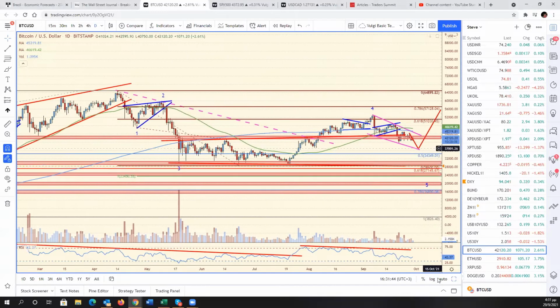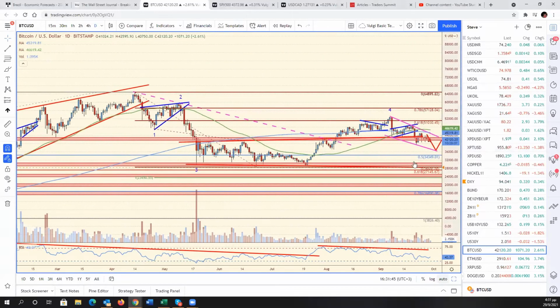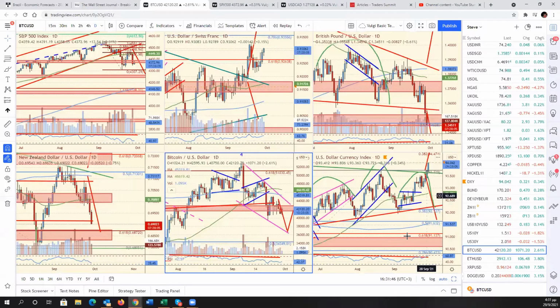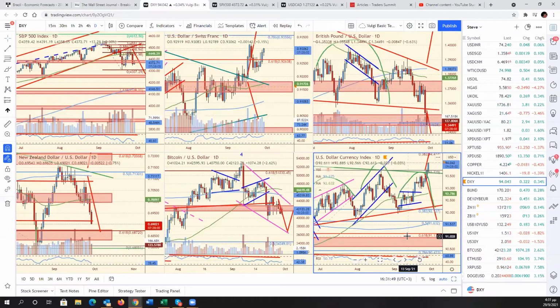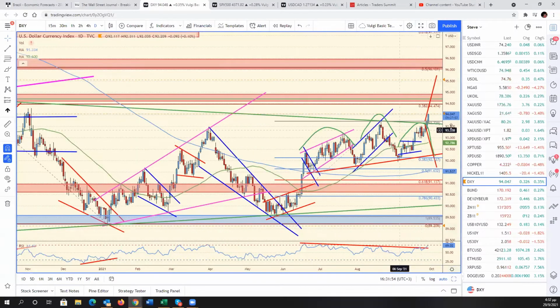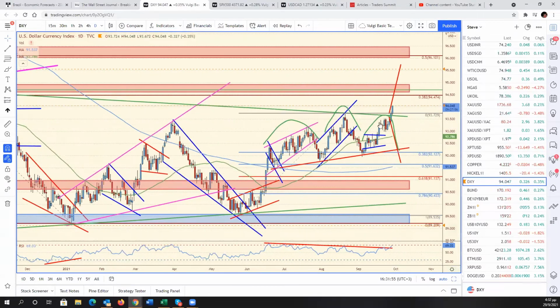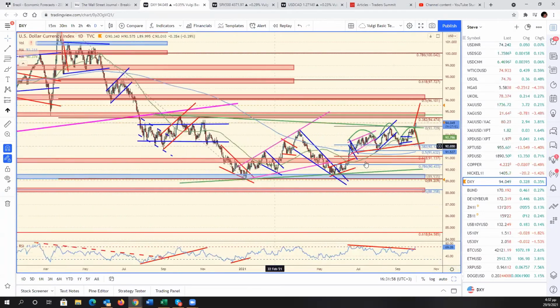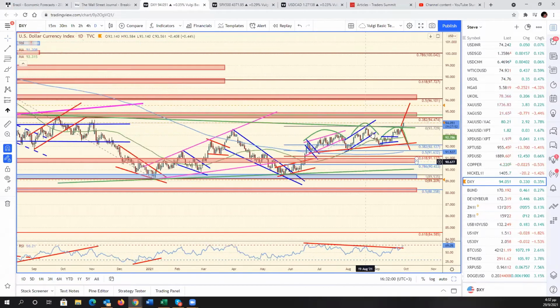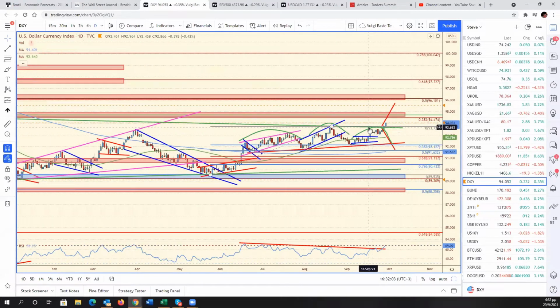Now we have three things remaining. It's the DXY, the yen, and the S&P. So let's start from the DXY. We talked yesterday about the possibility of the DXY breaking above this triangle, and it's not a surprise that it's doing so. So this trend line resistance should be support from this point on, and it's passing from 93.65.